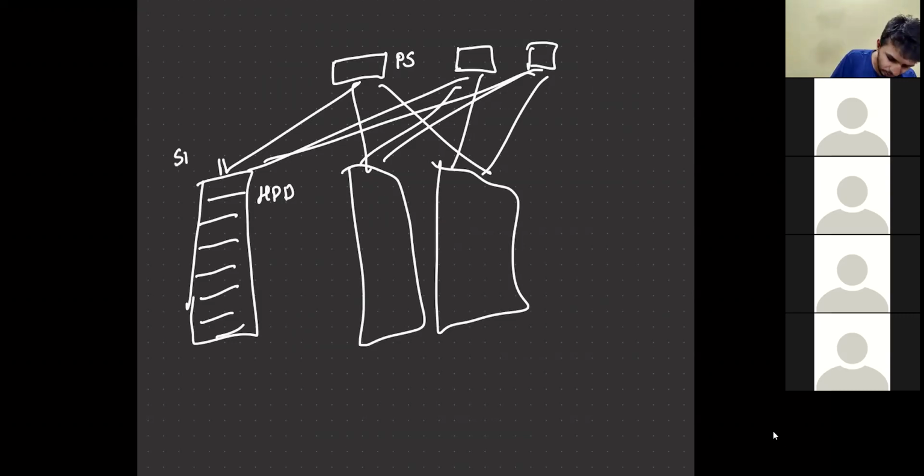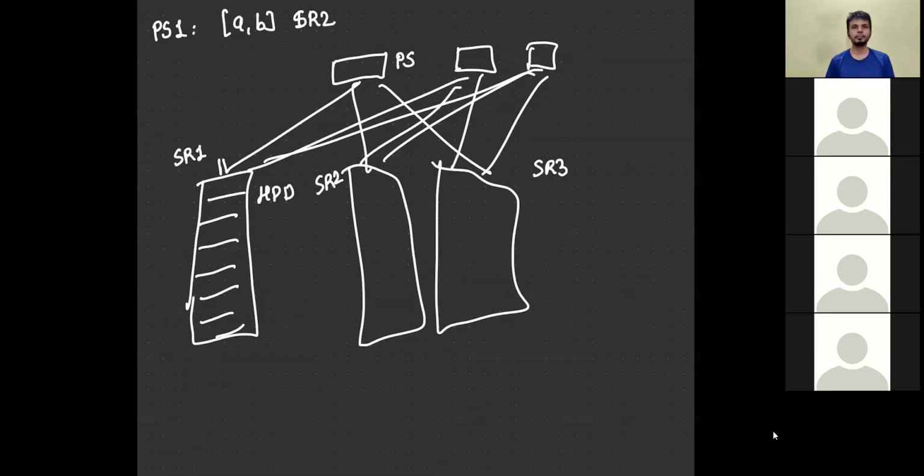Let's say we call it storage rack 1, storage rack 2, storage rack 3. So it would store that partition server 1 is responsible for range A to B. And this A to B is present in storage rack 2. So the partition server will use this information to connect to the corresponding storage rack and do the write operation.